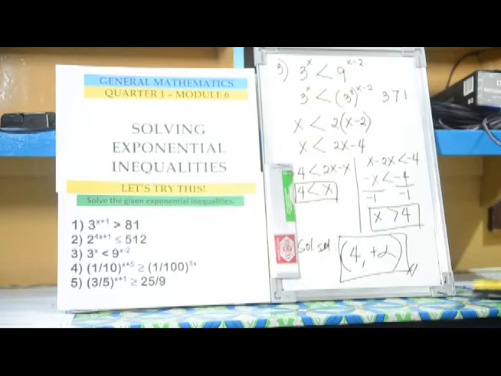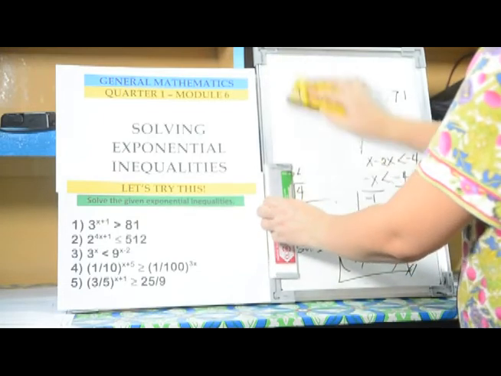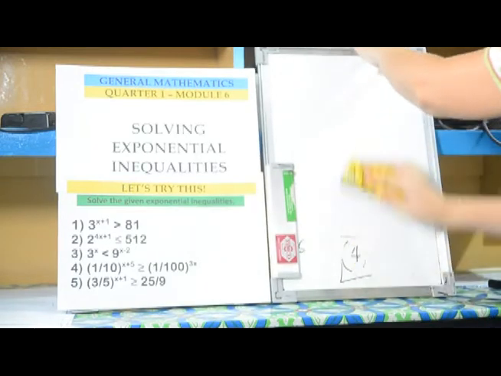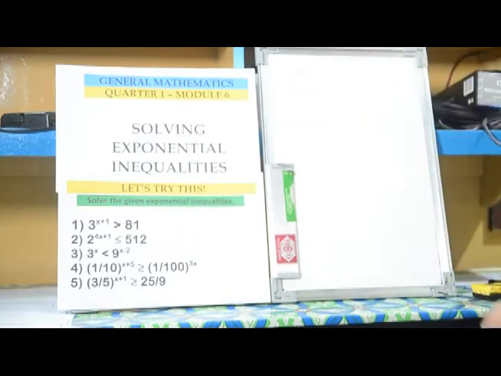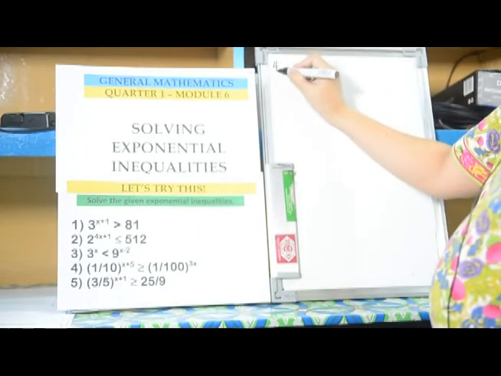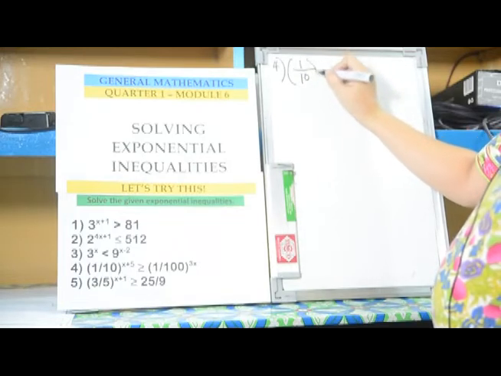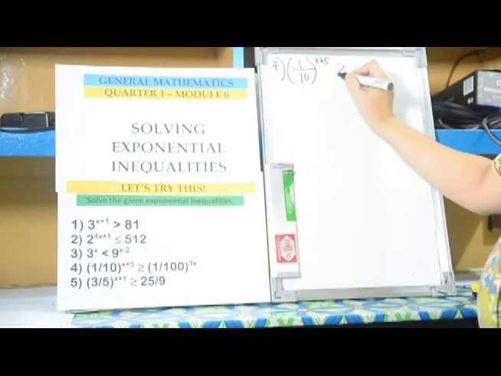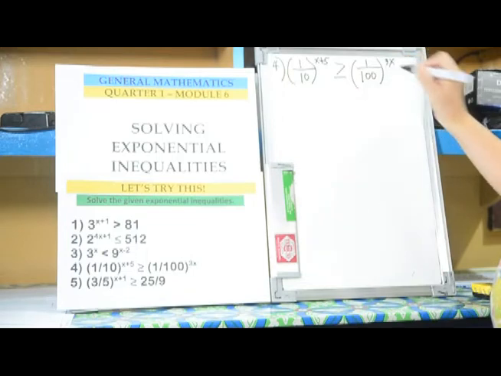Okay. Now, let's have number 4. We're almost done. Okay, for example number 4, we have the quantity of 1 over 10 raised to the power of x plus 5 greater than or equal to 1 over 100 raised to the power of 3x.